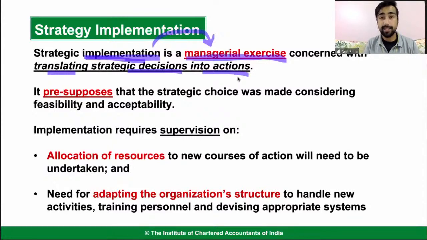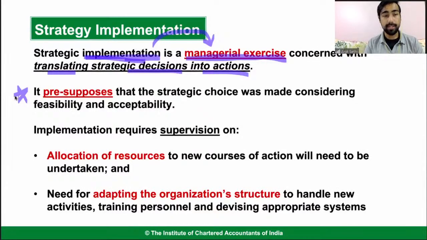Simple. The decisions taken at the corporate level, the plans that have been made already, strategic implementation is the work of converting that into real actions for the business. That is what strategy implementation is. It's a managerial exercise, right?